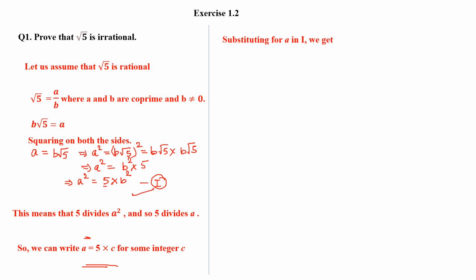So when I substitute the value a as 5c, it will become 5c whole square is equal to 5b square, isn't it? Where you have substituted, please see here: a square equal to 5 into b square. And I am substituting a as 5c. So 5c whole square equal to 5b square.